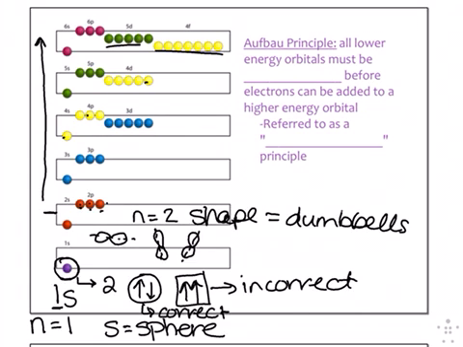up. So those are pretty much all the rules, but now we just have to apply the fancy names to these pretty simple rules, actually. So the first rule is the Aufbau principle, and it says that all lower energy orbitals must be filled before electrons can be added to higher energy orbitals.